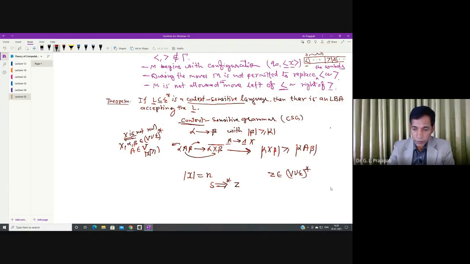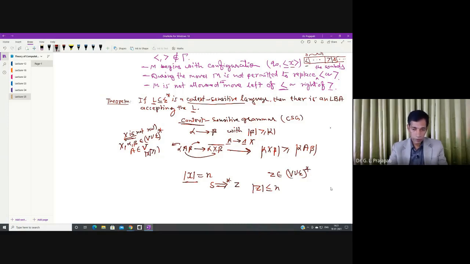Always you will have the condition that the length of the working string z should be less than or equal to n, as you are supposed to generate the string x whose length is n.